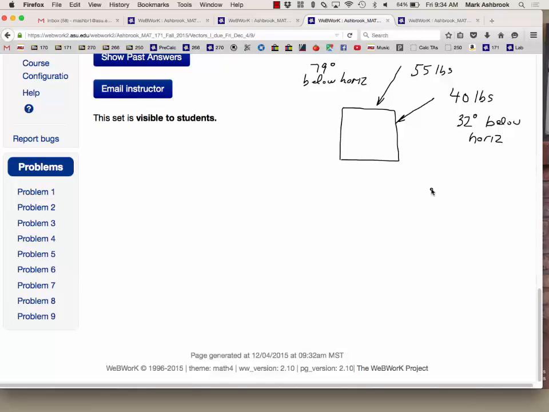So ignoring friction of the box, this is the top of the box. So ignoring friction, how many pounds of force are applied to the box, and in what direction? Ignoring friction of the ground. Well, that doesn't matter if we're just asking about the pounds.